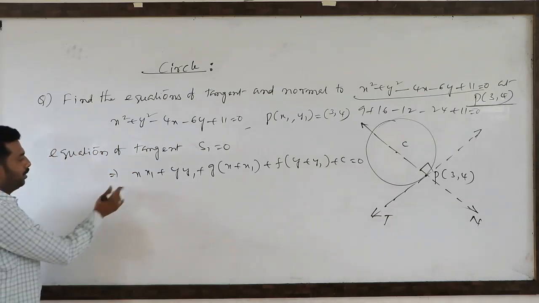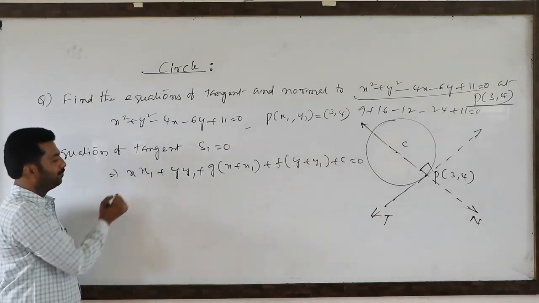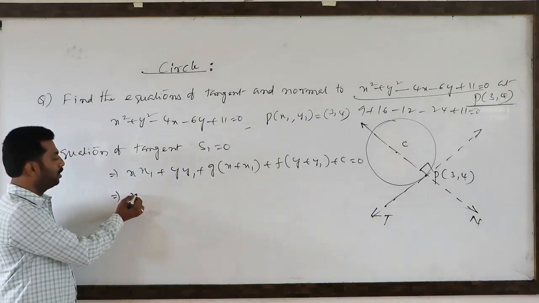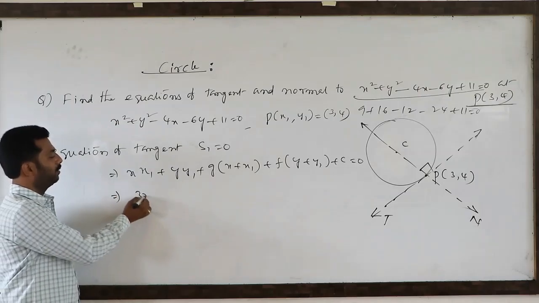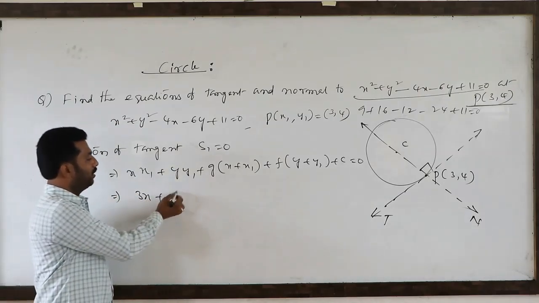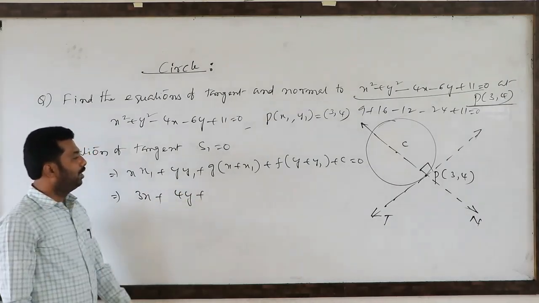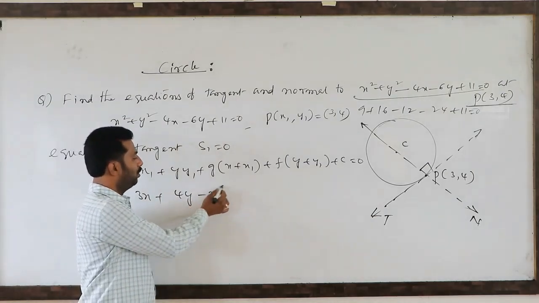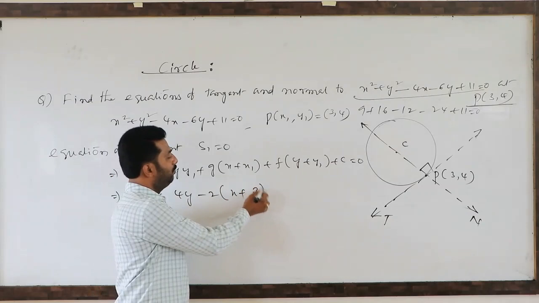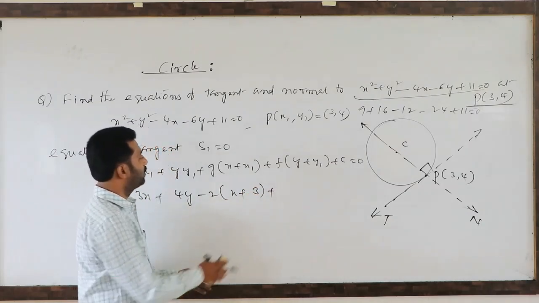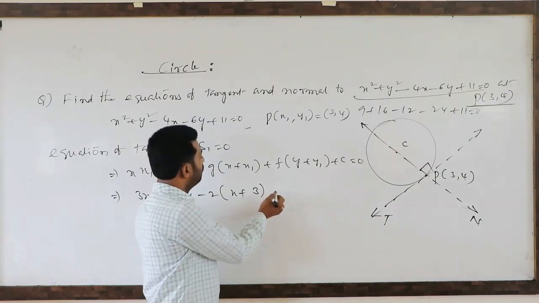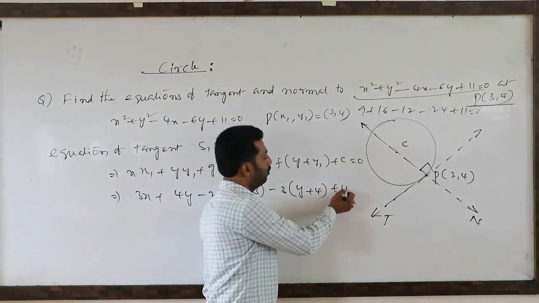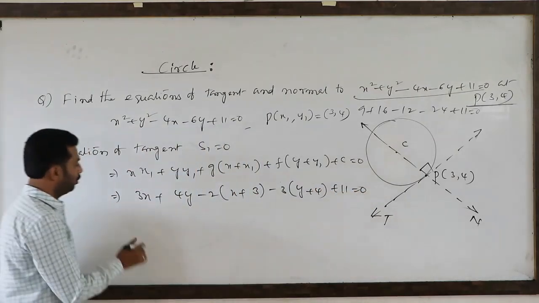Okay. Now you observe, x1 means 3. So x into 3, nothing but 3x, plus y1 that is 4y. g means half of the x coefficient, nothing but minus 2, into x plus x1 means 3. f means half of the y coefficient, nothing but minus 3, into y plus 4, plus the constant term, no changes, so this is 11.